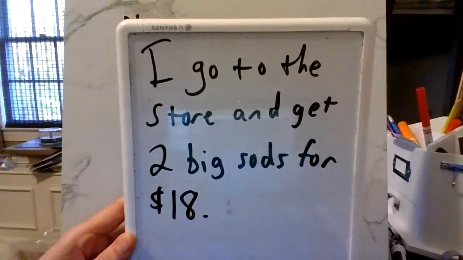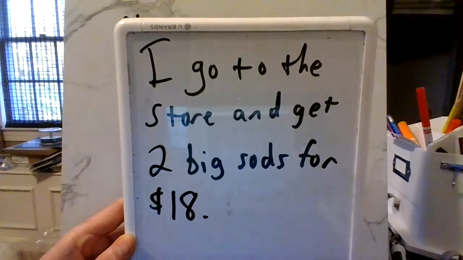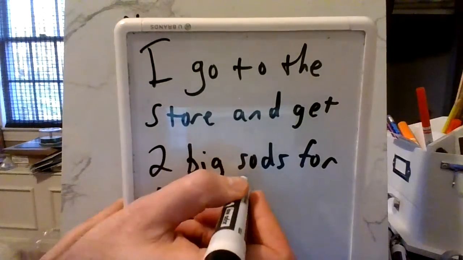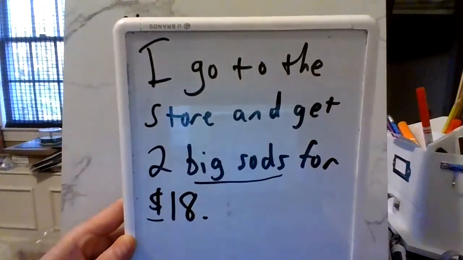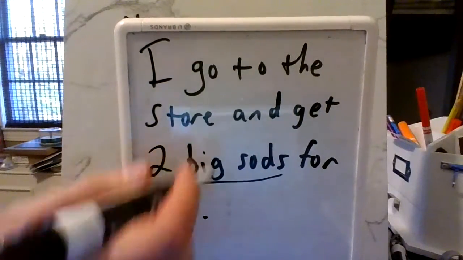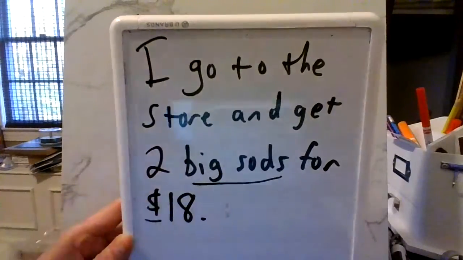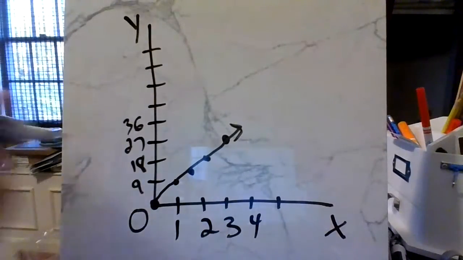Right then and there, you created a description of what you're doing. Now, the two things you might ask are, what are my two variables here? Well, it's dollars and big sodas, or just sodas. So those are your labels. This is your X, this is your Y. Think about 2 and 18. Here's 2, here's 18.